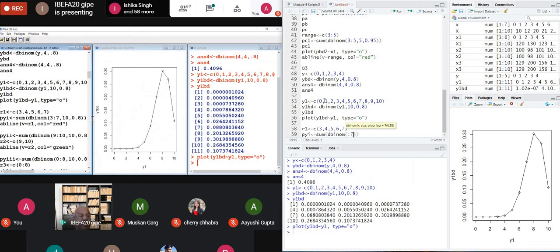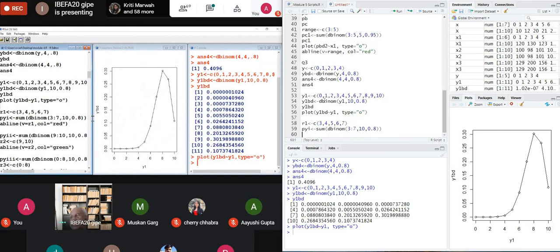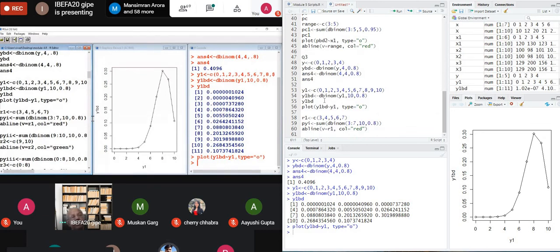Compute the probability 3 to 7. Minimum 3 students are doing better, maximum 7. So what is the range? Three to 7, sir.